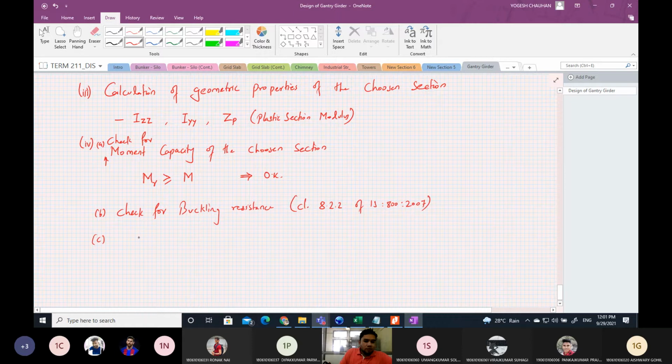Then the third check is check for biaxial bending. Now your gantry is subjected to bending in the vertical plane as well as bending in the horizontal plane.